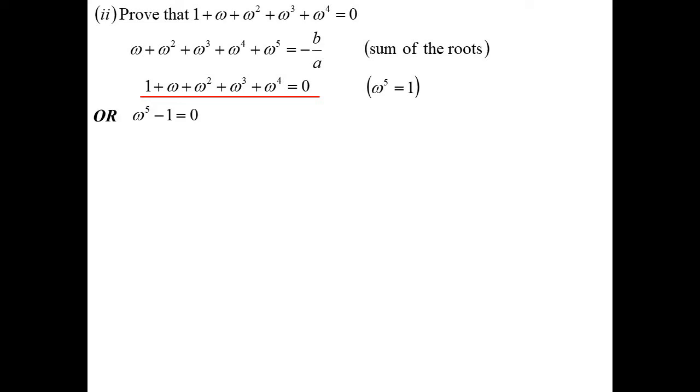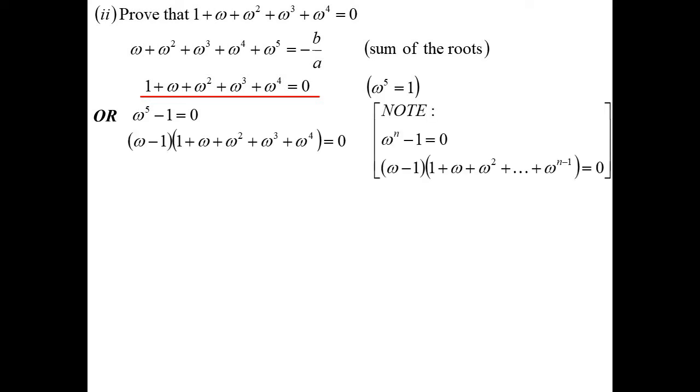Another way, remember we sub it in, it will solve the equation, so I know omega to the power of 5 minus 1 is equal to 0. That would factorise like so. Remember, if you have omega to the power of n minus 1 is equal to 0, the first factor is always w minus 1, and then the factors will go power of w going down by 1, so n minus 1, then n minus 2, then n minus 3, then n minus 4, all the way down, and eventually you get to 1.